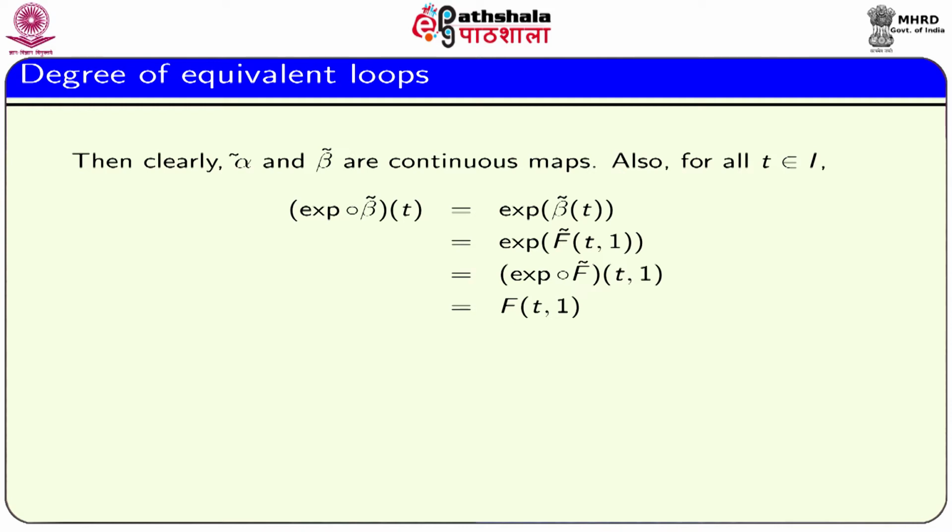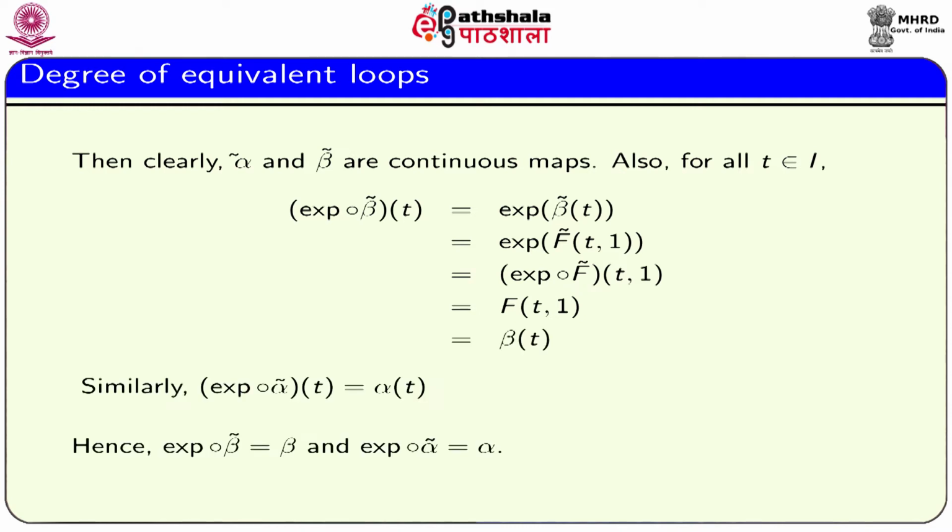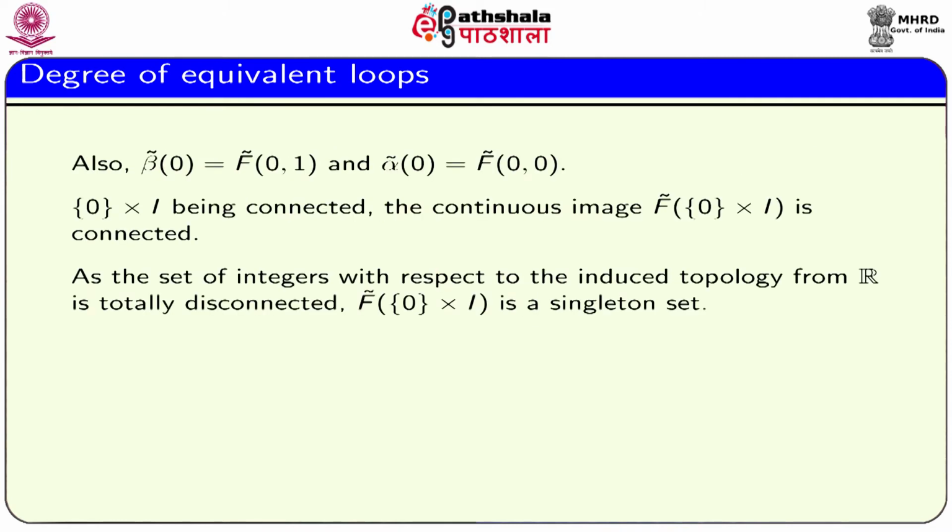From the homotopy we know that f(t,1) is equal to beta t. Similarly, exponential composed alpha tilde comes out to be equal to alpha t. Hence, exponential composed beta tilde is beta, while exponential composed alpha tilde is alpha. Also, beta tilde 0 is f tilde (0,1) and alpha tilde 0 is f tilde (0,0).